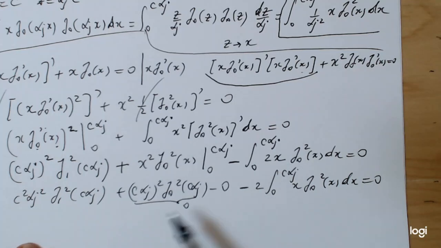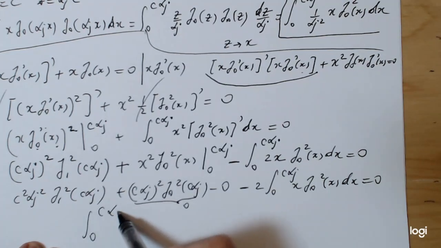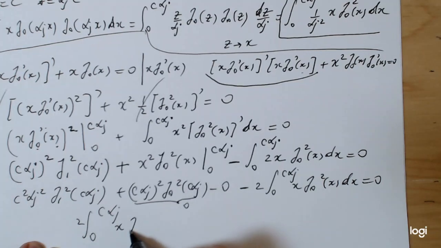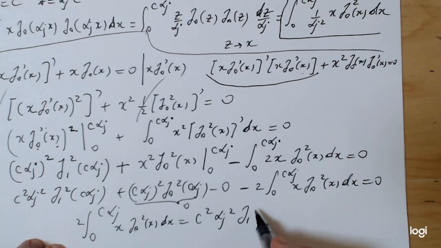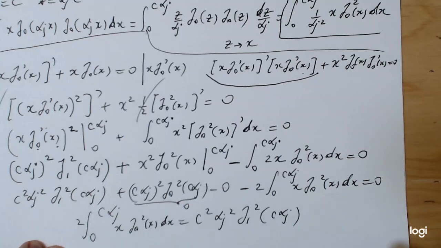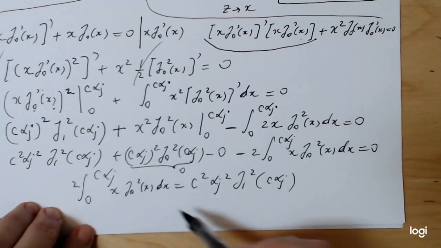So from this, obviously, we can find the integral that we wanted to find in the first place. The integral from 0 to c alpha j, if you move it to one side of the equality, equals c squared alpha j squared J1 squared of c alpha j. And then just divide by 2, and we're nearly done.